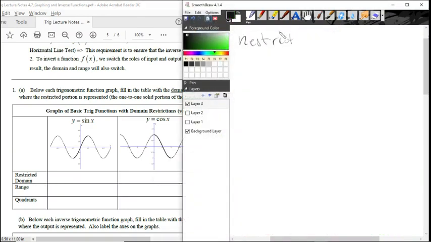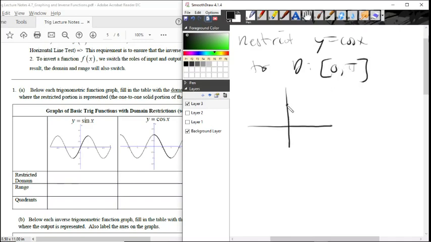We restrict y equals the cosine of x to a domain from 0 to pi, including the 0 and the pi, so that we end up with a restricted graph that just looks like this. It's that portion of the cosine wave. It goes as high as 1, where y is equal to 1, and as low as negative 1. Here we have the x-axis, we have the y-axis. This passes the horizontal line test under this restriction.